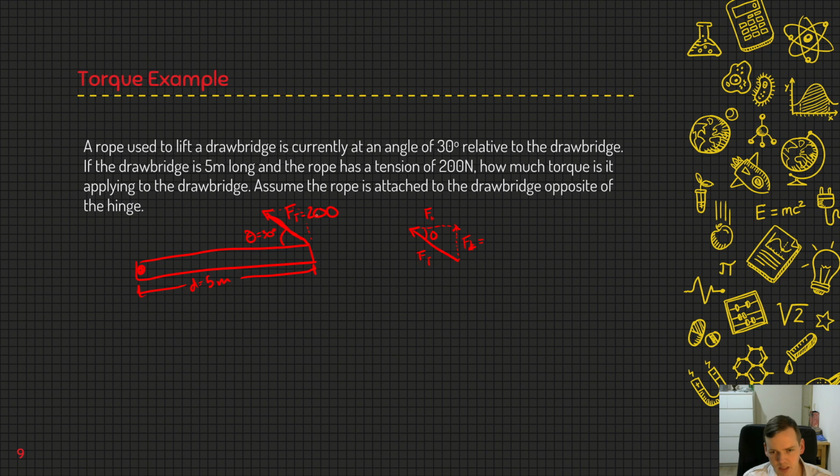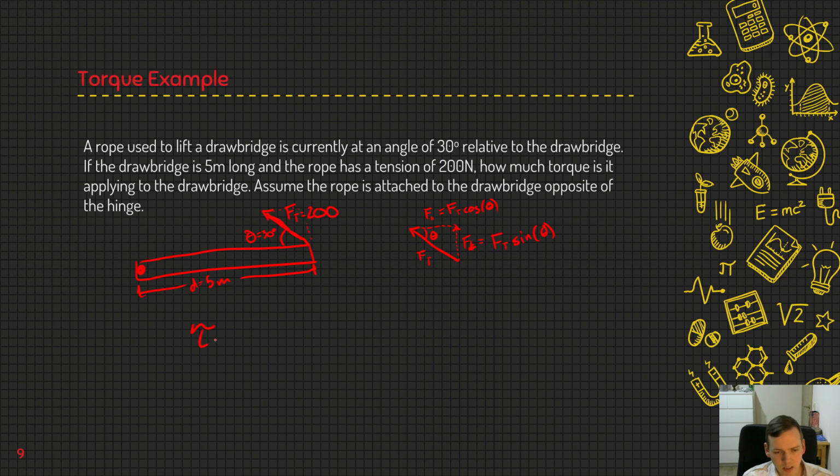This angle is the same as this one. So theta. So this is Ft, and that's going to be sine theta. Because in other words, sine theta is this divided by Ft. F parallel is Ft cosine theta.